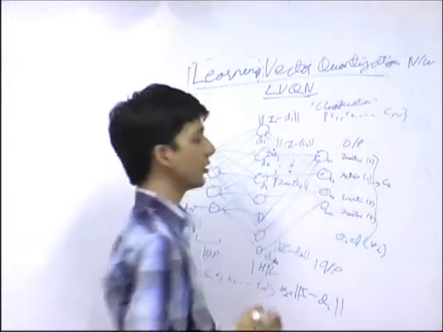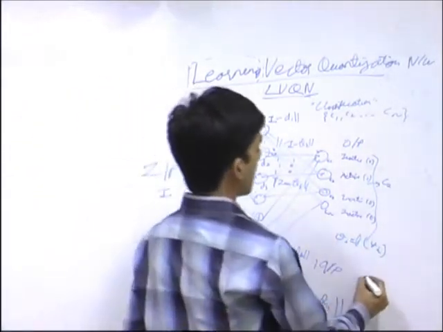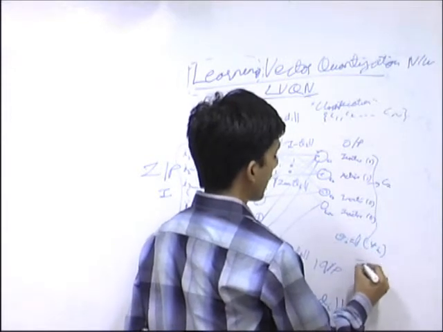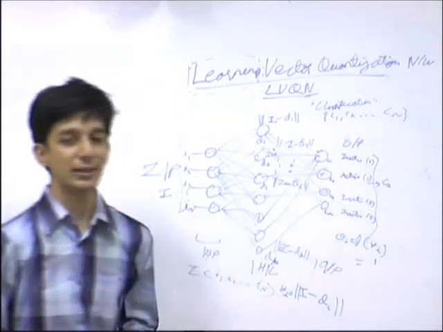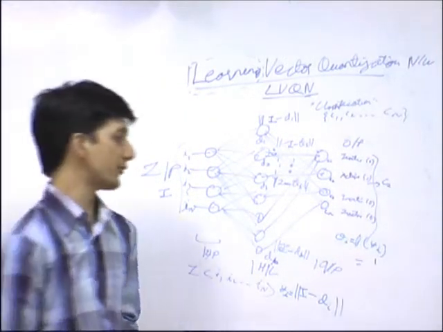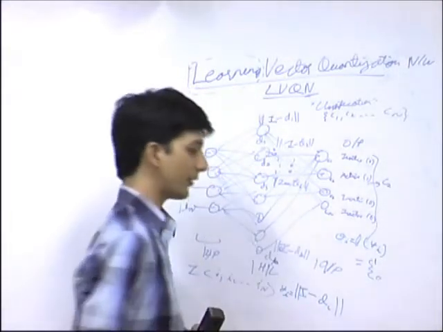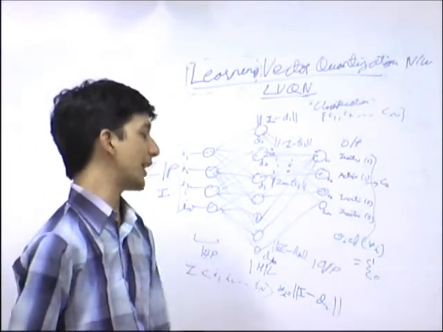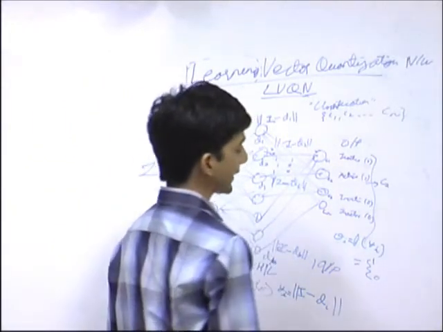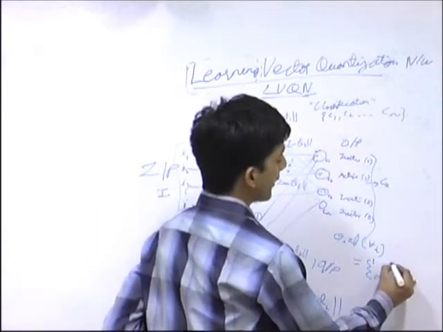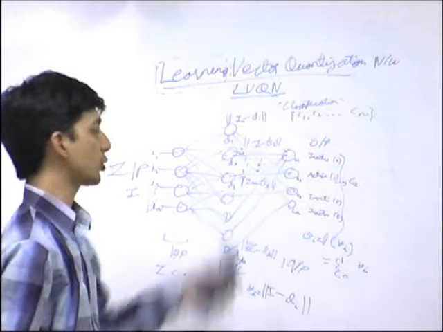As per this model of learning vector quantization, my activation function will give only an activation value of 1 or an activation value of 0. It gives me an activation value of 1 if yi is the least of all the norms over here.